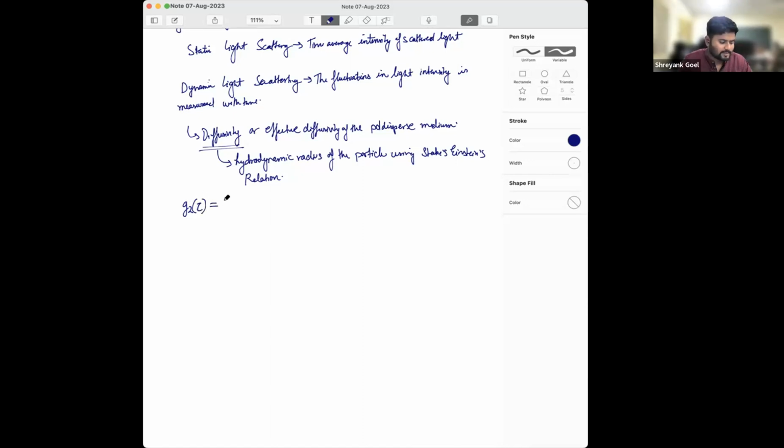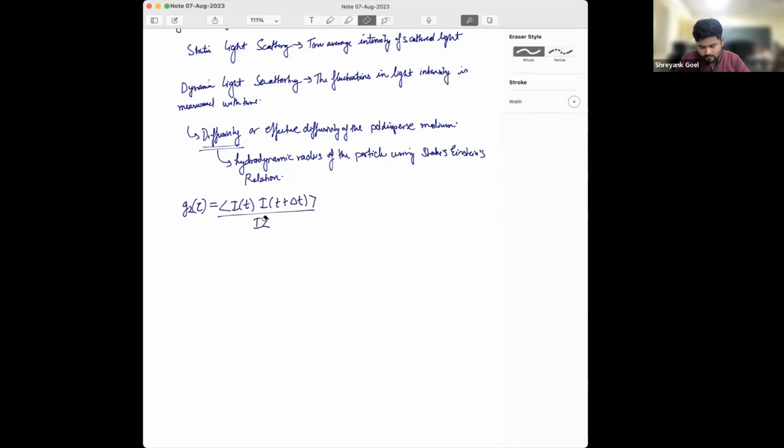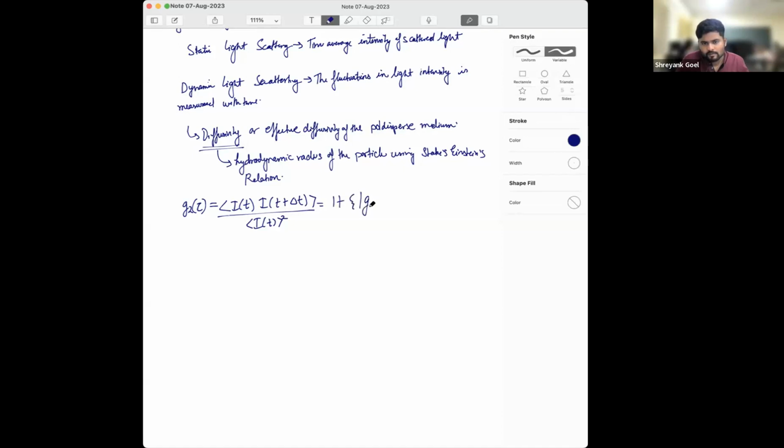That is the intensity we have captured: I(t) times I(t plus delta t), divided by I squared. It is correlated to the function of first kind, 1 plus zeta times G1 squared.